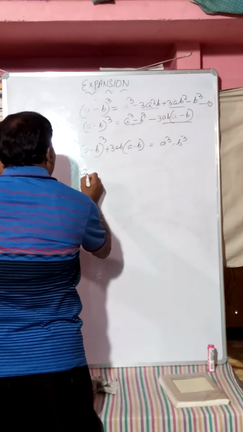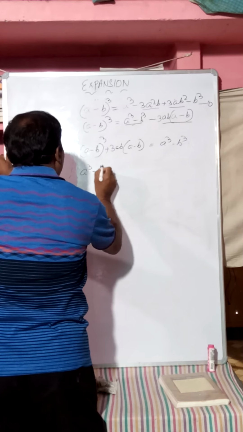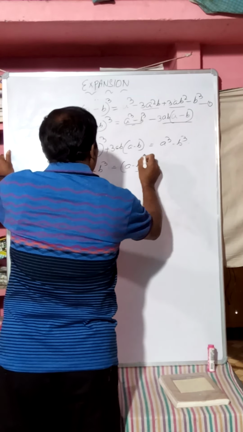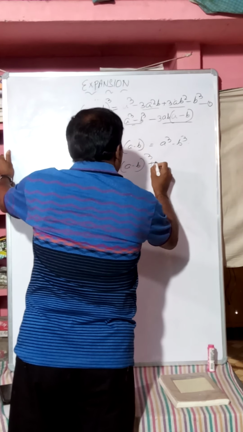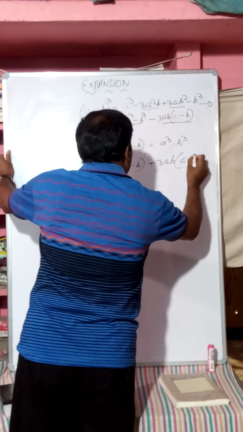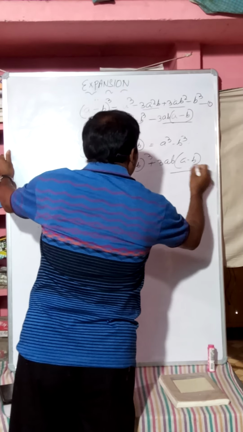Otherwise a cube minus b cube is equal to (a minus b) whole cube plus 3ab whole into (a minus b). This is formula number 2.